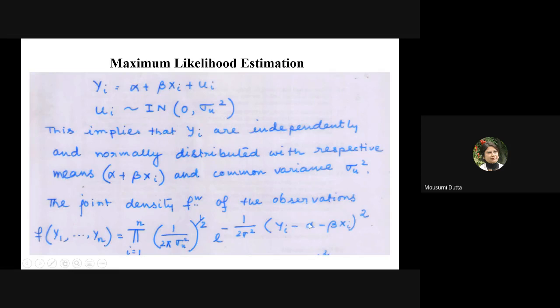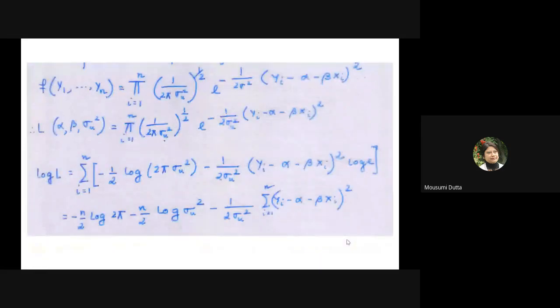So I am considering yi minus expectation of yi. So the product, i equal to 1 to n, of 1 by sigma root over 2 pi, e to the power minus 1 by 2 sigma square, yi minus expectation of yi whole square. This will be the joint density function.